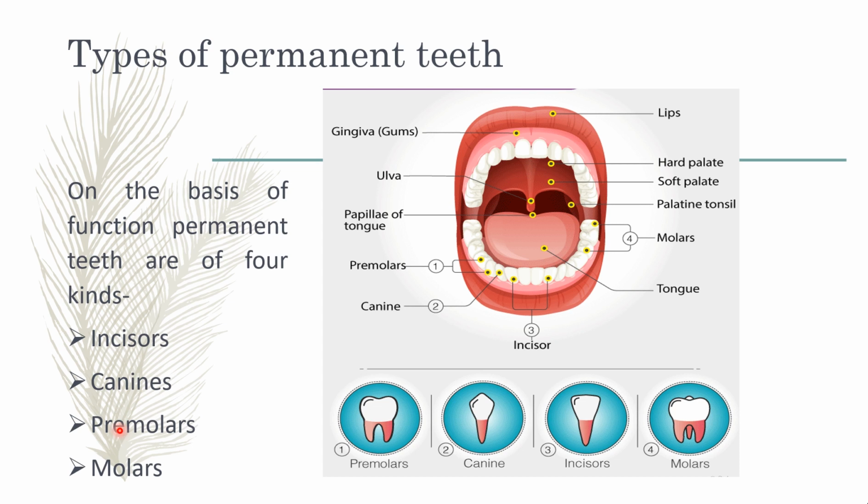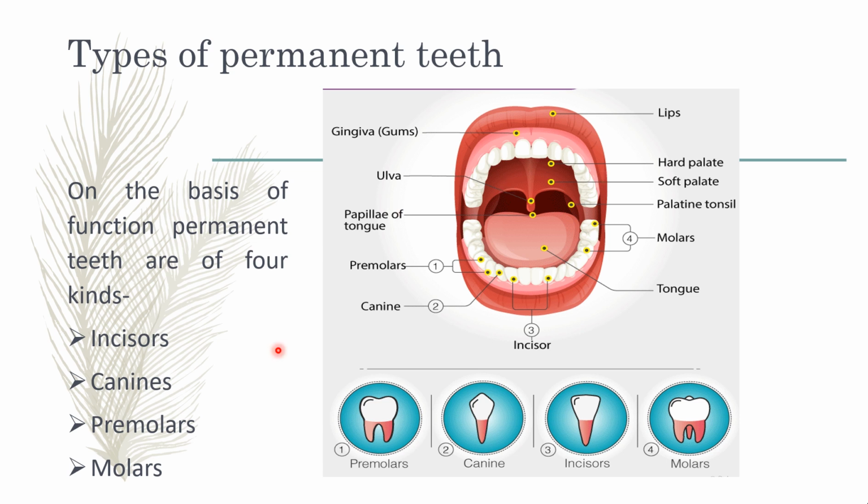Now, third one is premolar. There are four premolars in each jaw, four in the lower jaw and four in the upper jaw. The main function of premolar is to crush and chew our food.